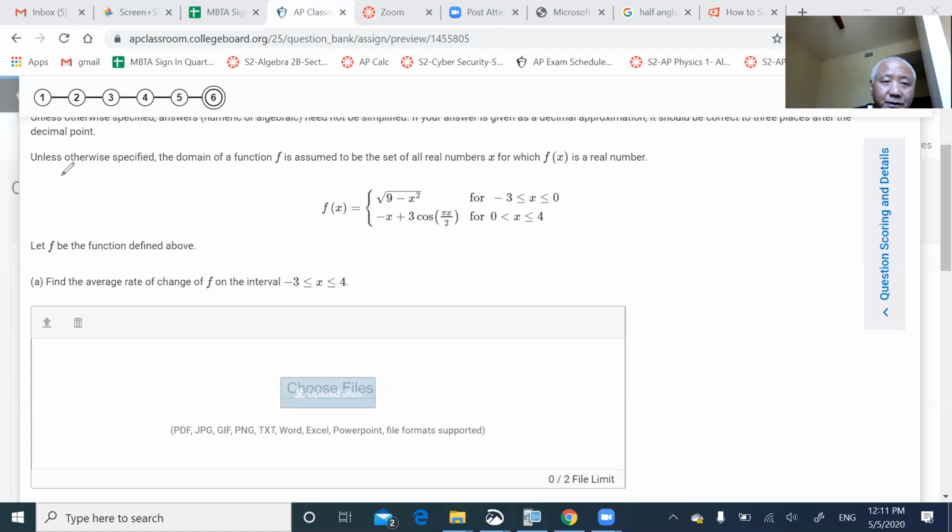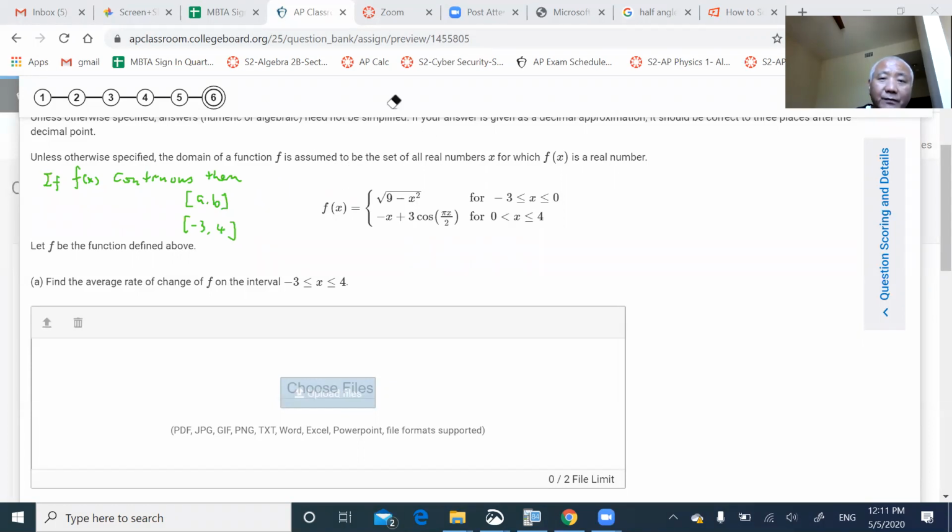The theorem said if the function f(x) is continuous in the closed interval of a, b, here just -3 and 4, then the f(x) should have what?